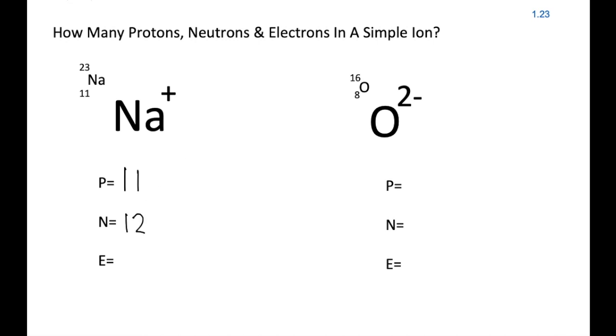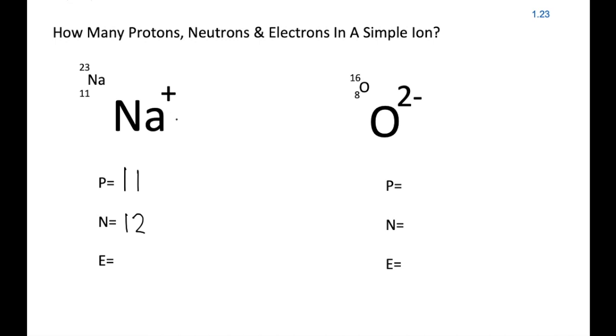Now, when working out the number of electrons, what we do is we take the atomic number, which is 11, and then we look at the charge. If that charge is positive, then we take the charge number, so in this case 1, away from the atomic number. If the charge is negative, then we add this number to the atomic number.